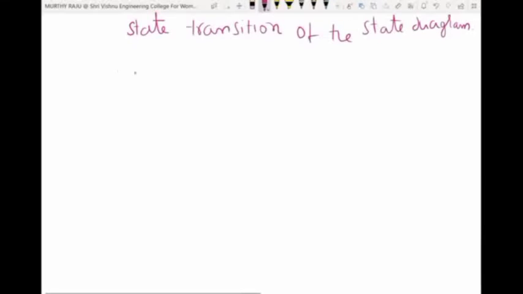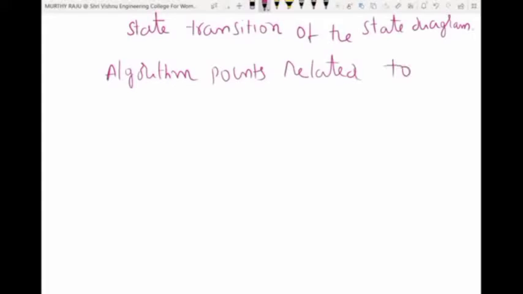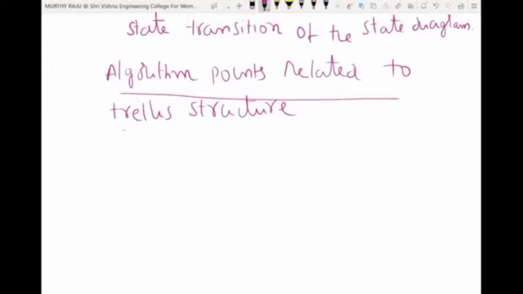Next one, algorithm. Algorithm points related to the Trellis structure or diagram.